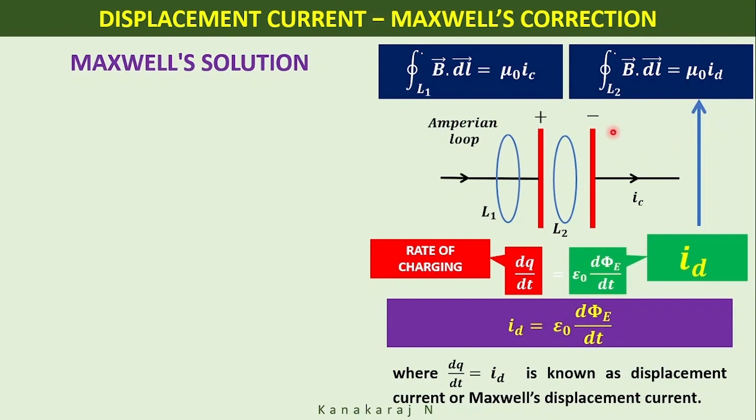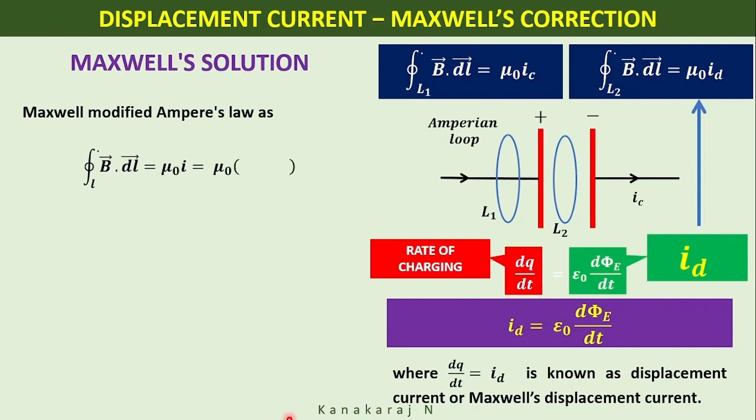Now we have to add these two integrations to solve our problem. Maxwell modified Ampere's law as integration over closed loop of B vector dot dl vector equals mu naught times I, where I may be either the conduction current or the displacement current: mu naught times IC plus ID.